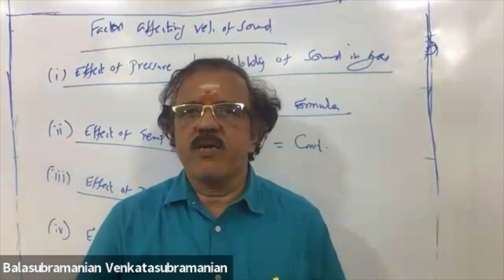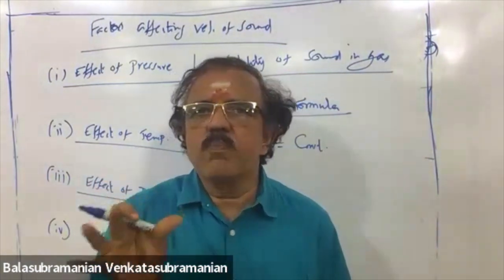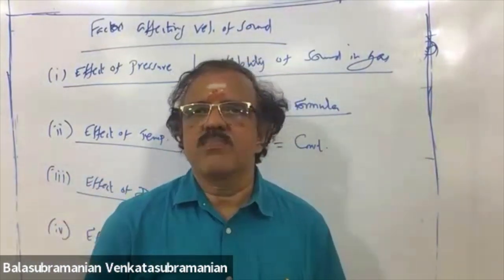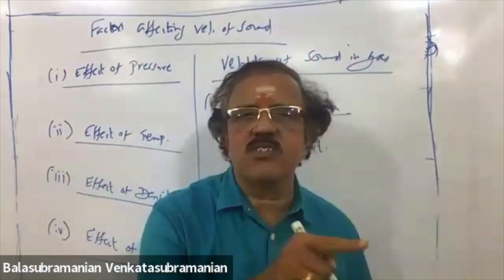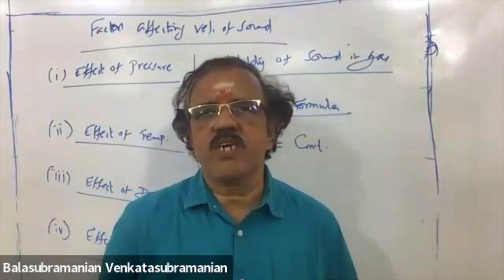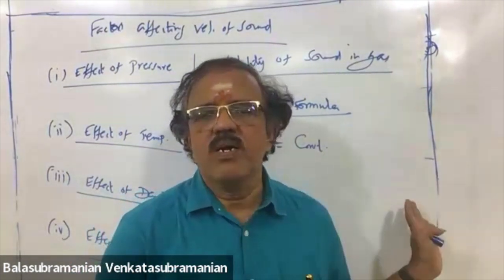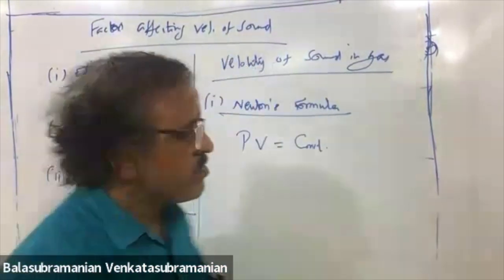You have air medium, sound blows. When sound passes through the air medium, pressure of the system changes, simultaneously volume also changes. Then what is the velocity of sound? By Newton's formula. Here we are assuming temperature is a constant.